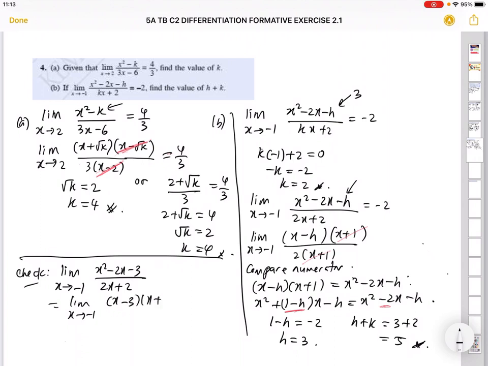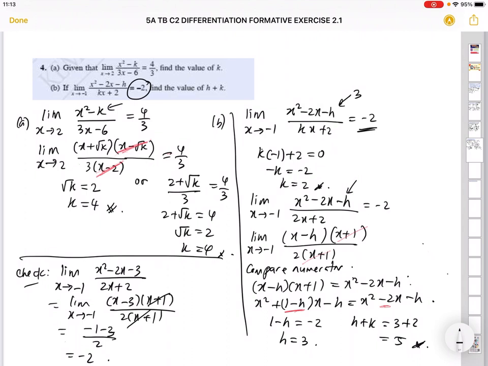When you cancel and substitute -1 inside, you get -1 minus 3 over 2. This is -2, which is the same as given in the question. See, the question gave us -2. Yeah, so I know this is a bit more difficult, not so straightforward, right?